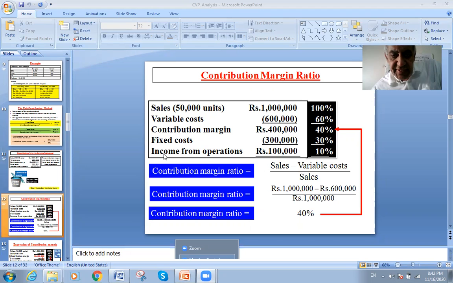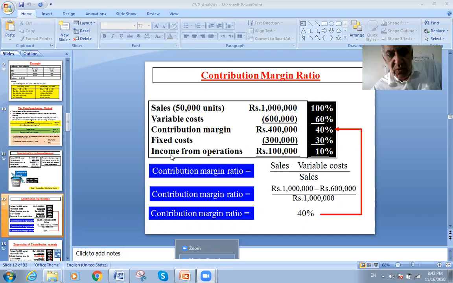Then the income from operation, when you take all the costs out: first we have the sales. We deduct from the sales the variable cost, 600,000. From that, we get the contribution margin, which is 400,000. Then we deduct the fixed costs, which is 300,000.